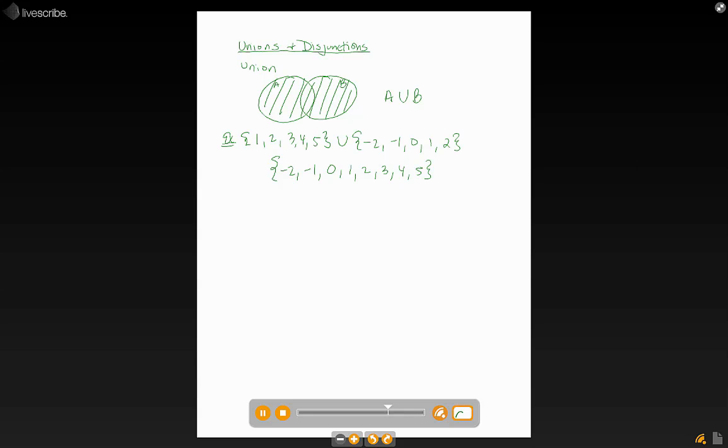So, in algebra, if I say x less than -3 or x greater than 3, this is called a disjunction.